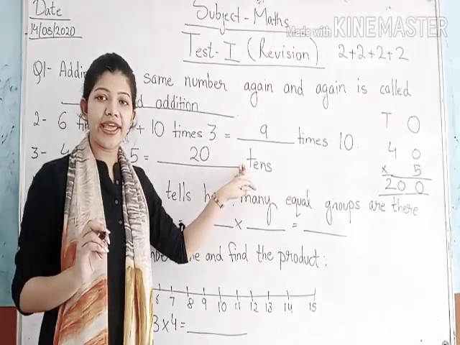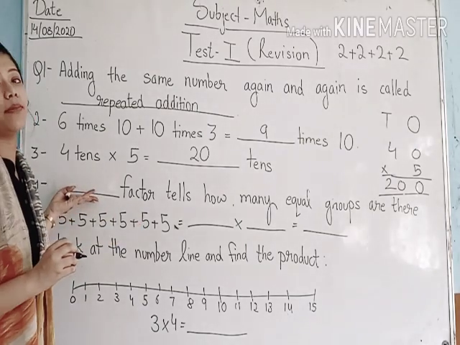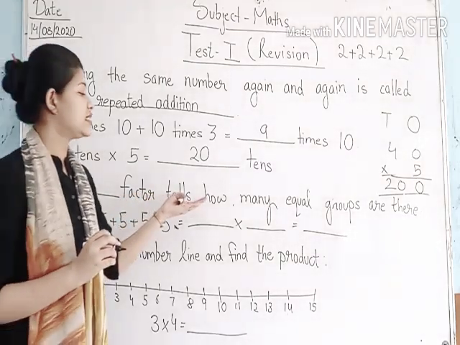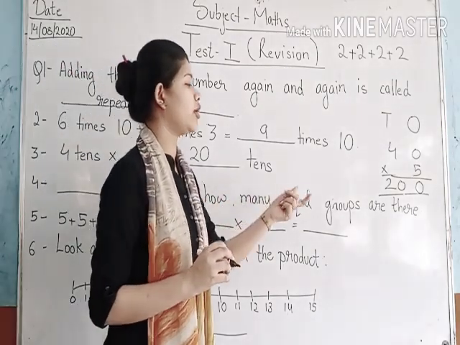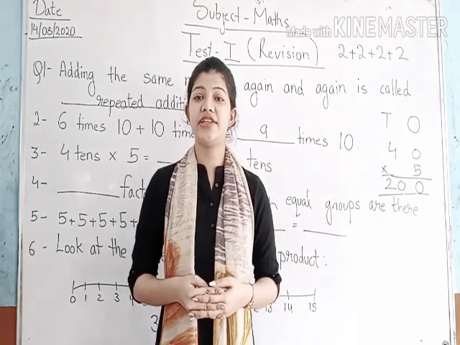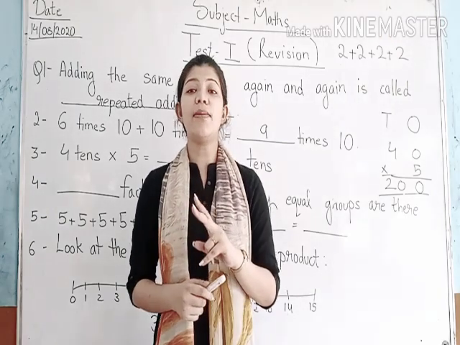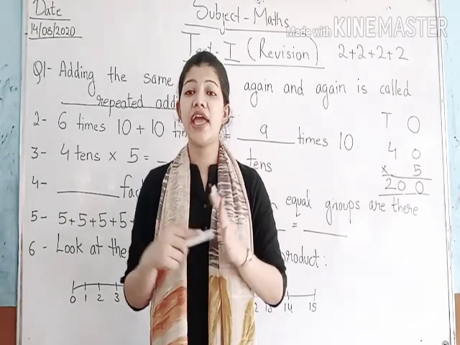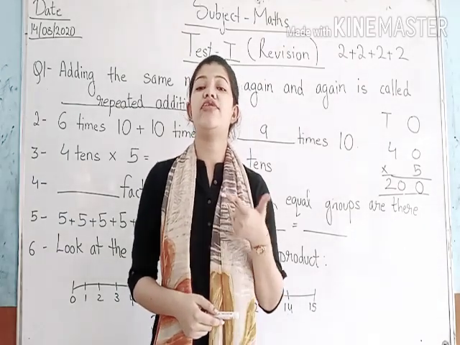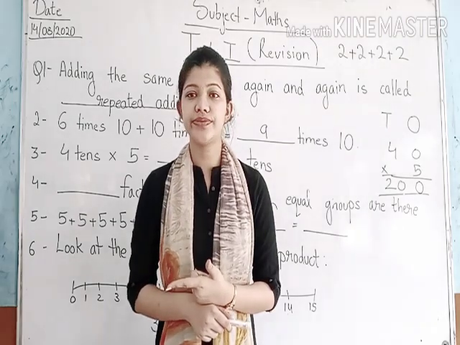Clear? Okay. Now let's come to our next question, question number 4. Dash factor tells how many equal groups are there. I know many of you can answer this because these two chapters were all about multiplication, and in every video I have told you what we mean by first factor and second factor.